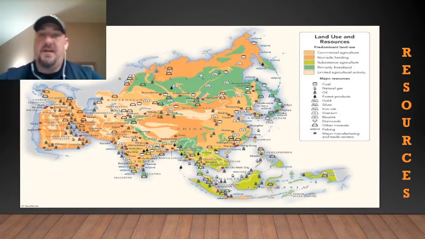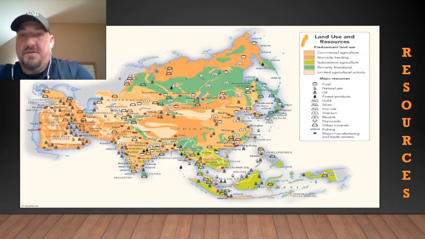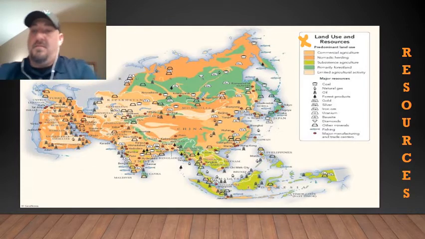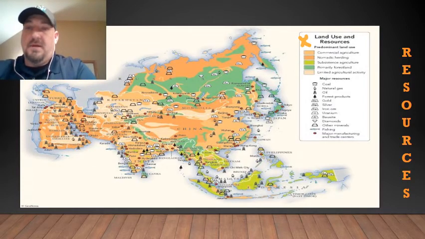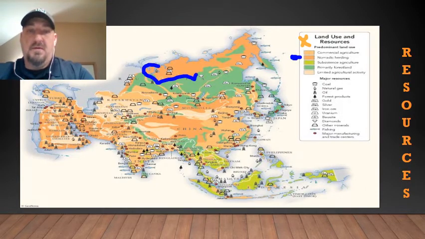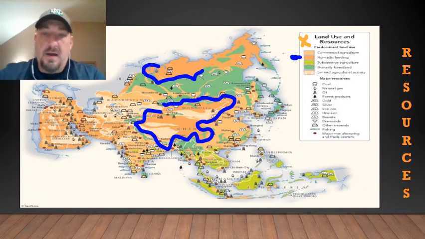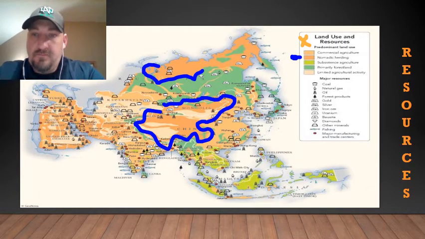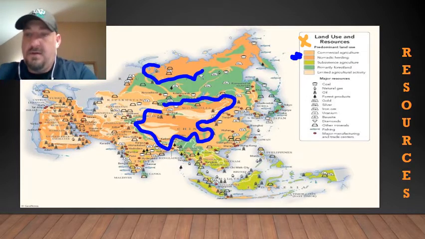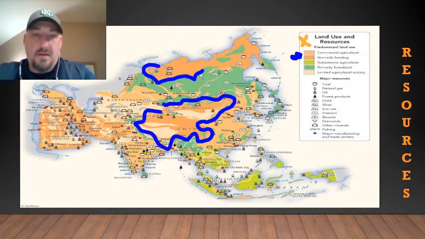So as we're looking at the resource map, be sure and check your key. The one I want to point out to you is the nomadic farming in that brownish color. And then commercial agriculture in the lighter colors.